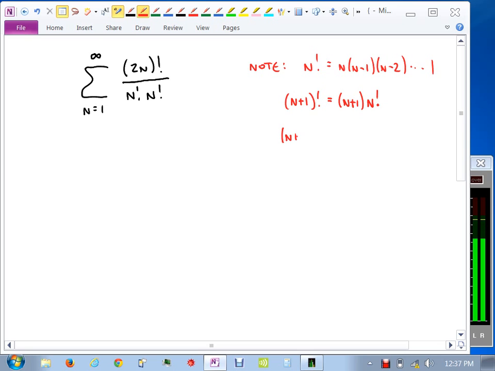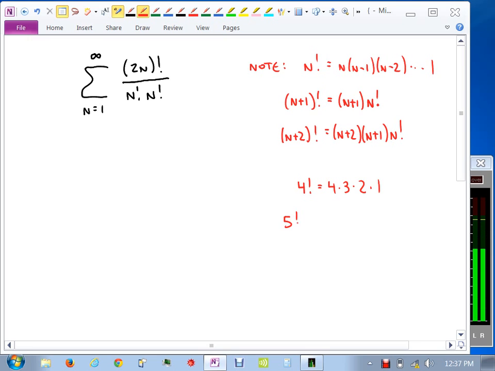Then how could I write n plus 2 factorial? As n plus 2, right? And I could go down again, n plus 1, and then I could go n and then keep going, right? When I say keep going, I mean factorial. So you can always peel off pieces of a factorial and then write down the rest of it. Here's another way you might be able to see it. 4 factorial is 4 times 3 times 2 times 1, right?